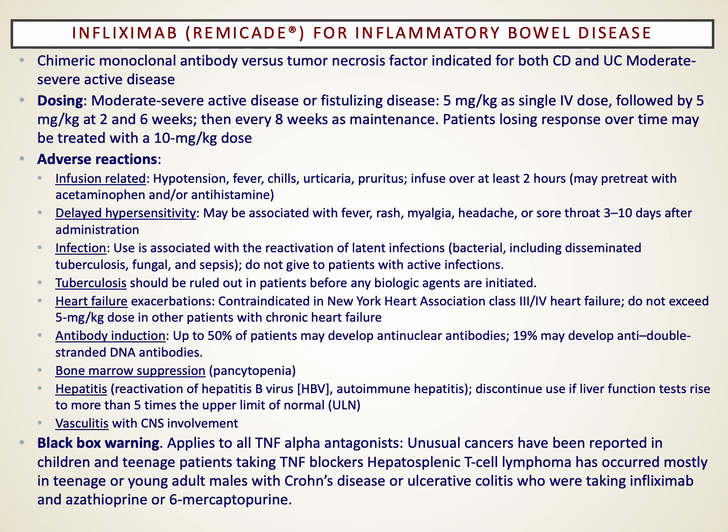We also look at carefully dosing them so we don't exceed a dose that increases the risk for developing heart failure. We also see in a number of patients that ongoing therapy will result in antibody induction, particularly anti-nuclear antibodies, and so that sometimes presents as what looks like a lupus-like syndrome.